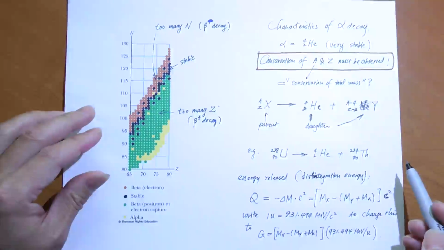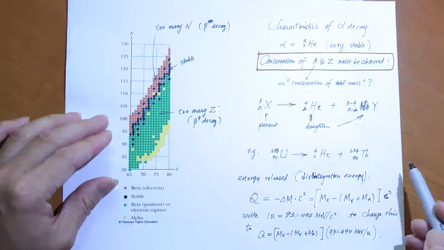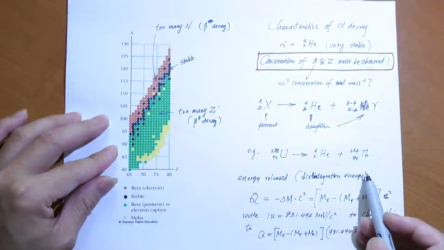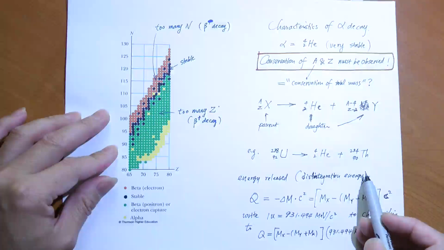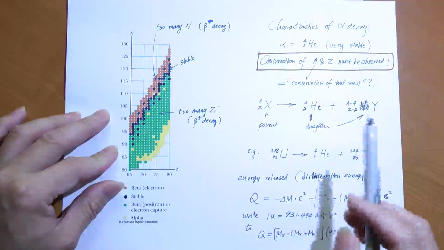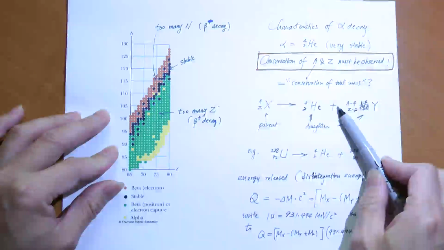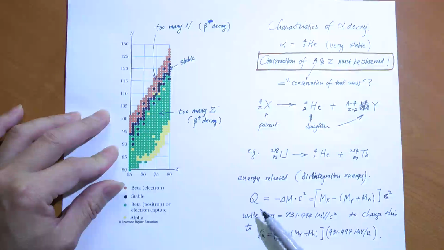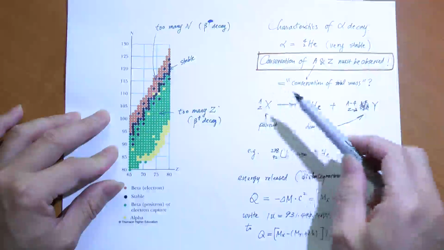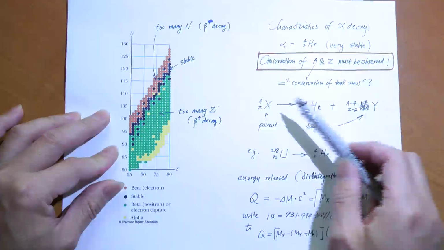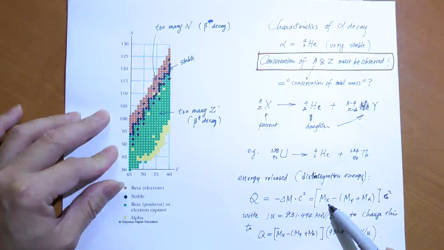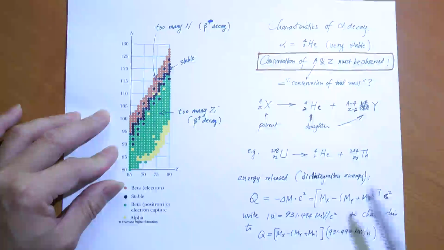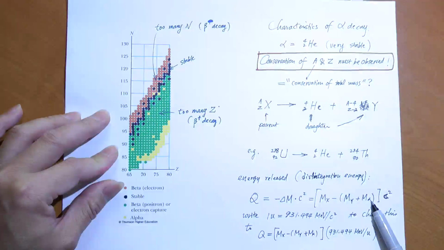What is the typical energy released in an alpha decay, otherwise known as the disintegration energy? Well, we can get that by comparing the rest masses before and after the decay. The total rest mass before the decay is m_X, right? And the total mass after the decay is the sum of these two, m_Y and m_alpha.